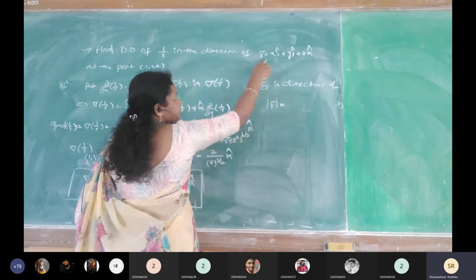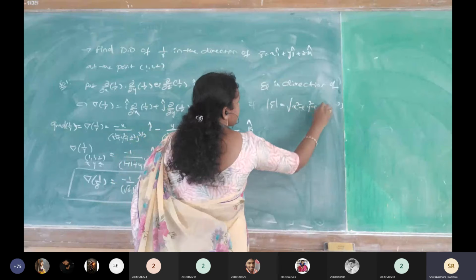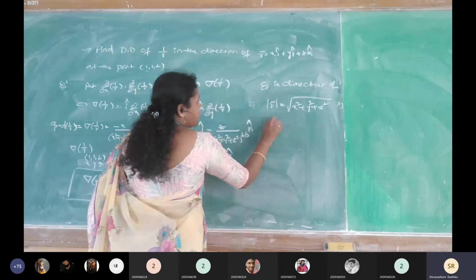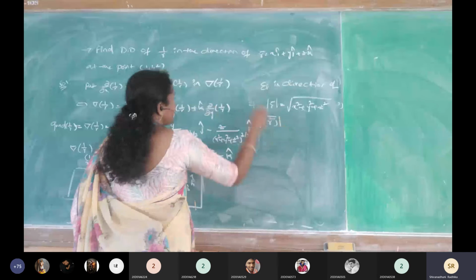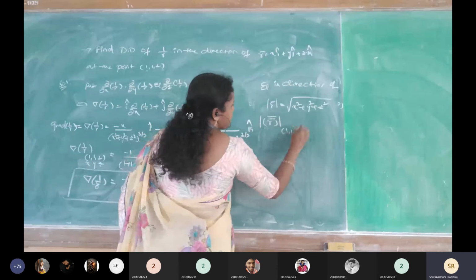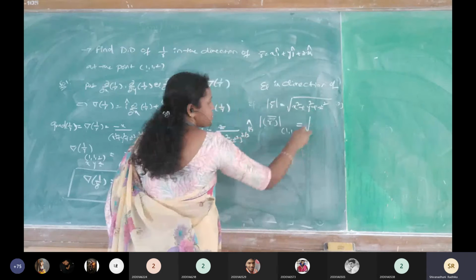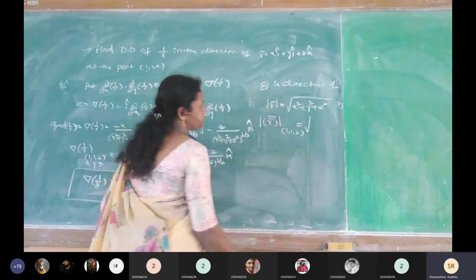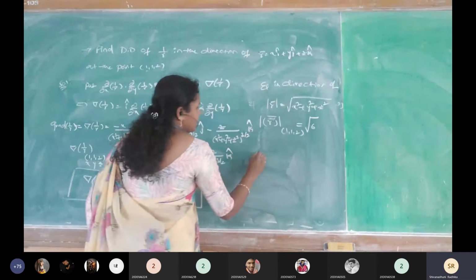So modulus of r bar is under root of x square plus y square plus z square, at the point 1 comma 1 comma 2. So x square is 1, y square is 1, z square is 4. 4 plus 1 plus 1 is 6, total.